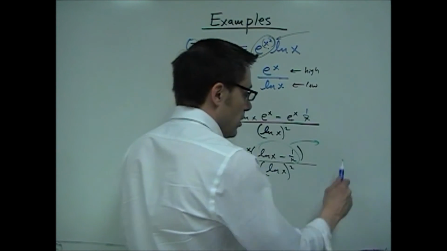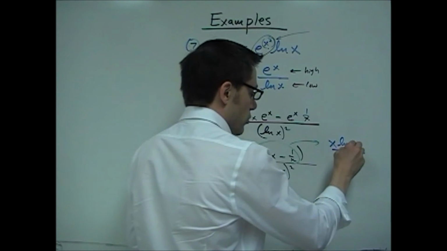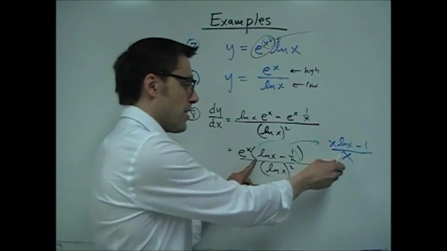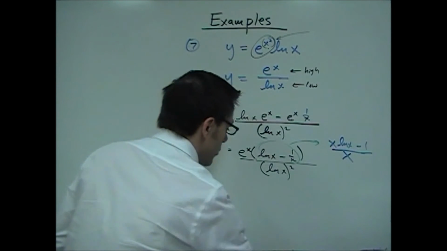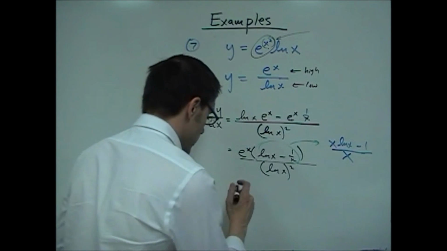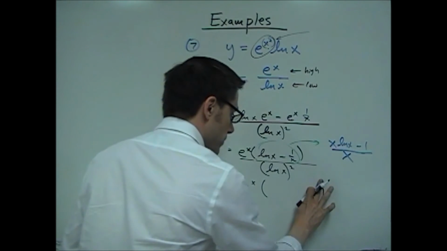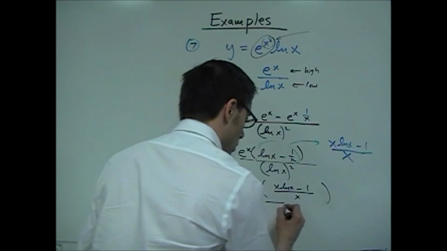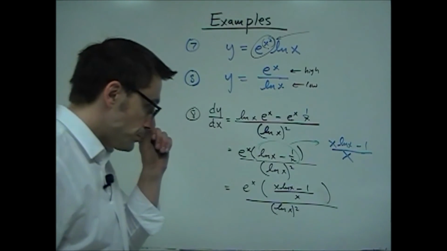So to do that, definitely you're going to get x on the bottom. You're going to get x natural log of x minus 1, right? That's rewriting this stuff here as a single fraction. When I do that, I get e to the x, and then inside of those parentheses, I now have x log x minus 1 over x, all over natural log of x squared, okay?